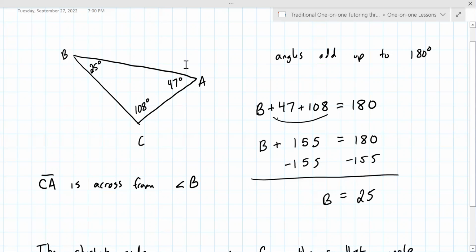Are you able to see the triangle on the screen? Yeah. Which is the largest angle? Angle C. Which segment is across from angle C? AB. So AB is across from angle C.